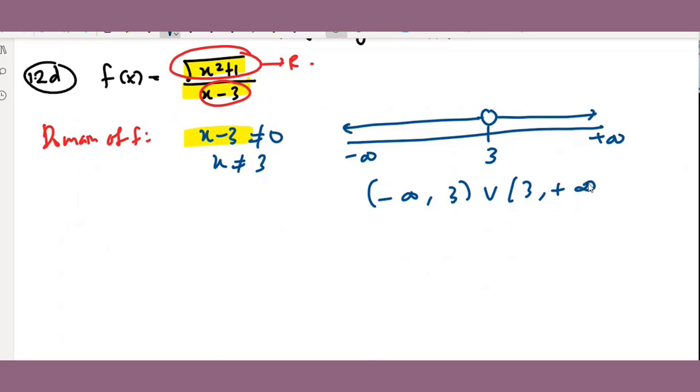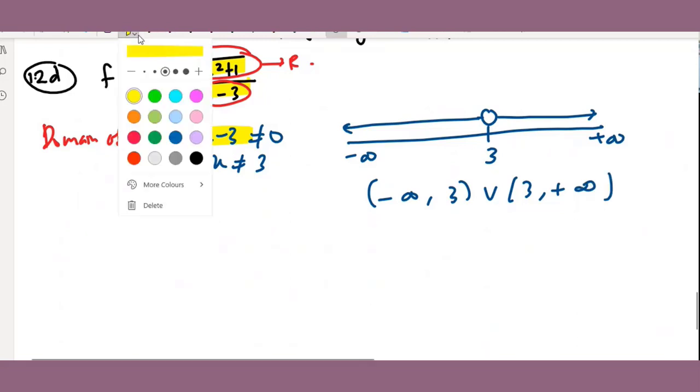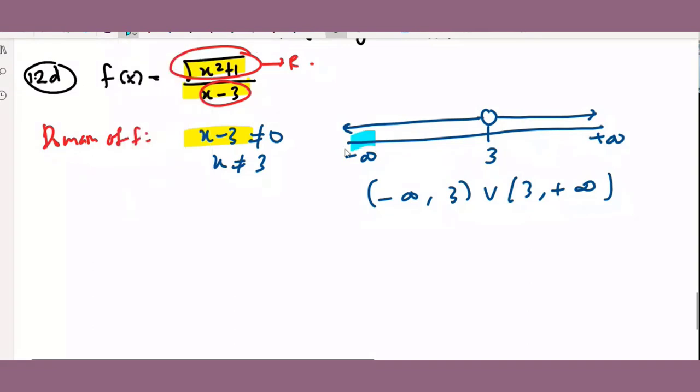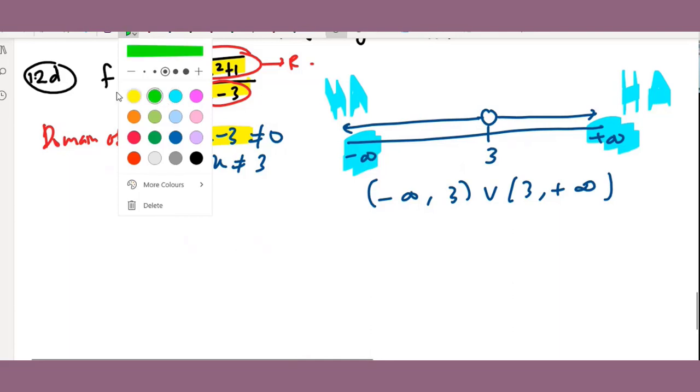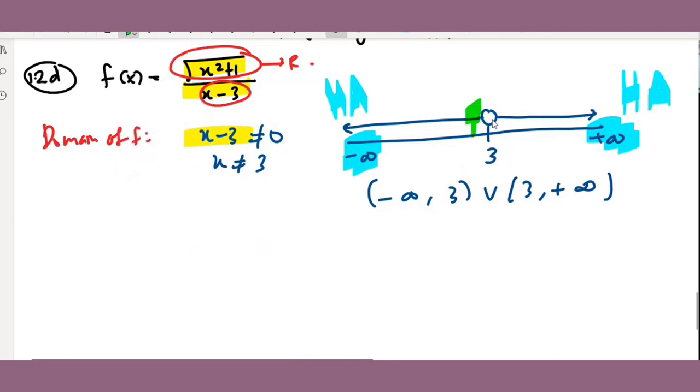Then check. This one tends from negative infinity to infinity, so maybe consider a horizontal asymptote. For the part not included, 3 from the left and 3 from the right, it may produce a vertical asymptote, so you need to check.